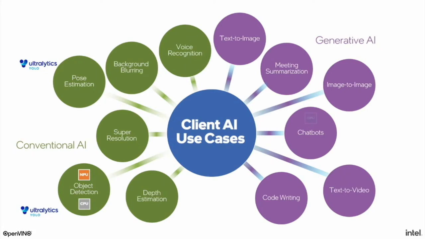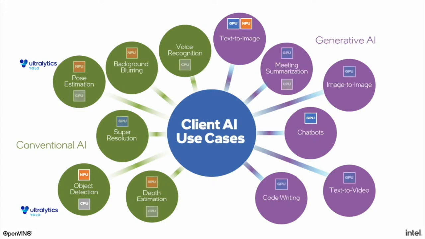Chatbots make sense to run on GPU because they need a lot of performance. Text to image you can run on GPU and on NPU at the same time to maximize the system throughput, and so on. So it's up to you how to deploy your workloads, and this is very simple.